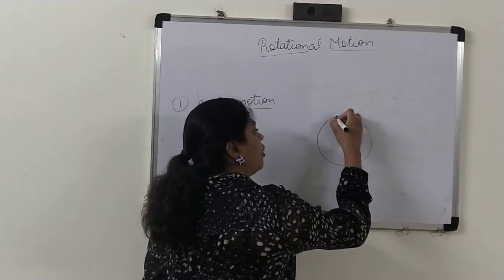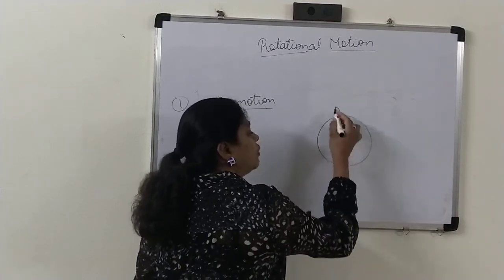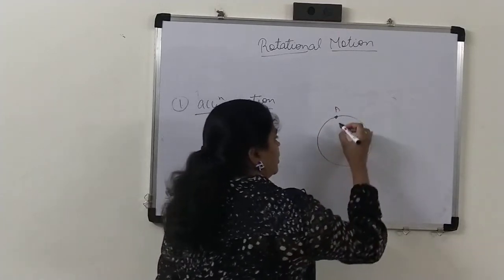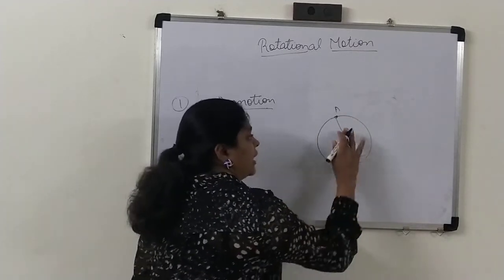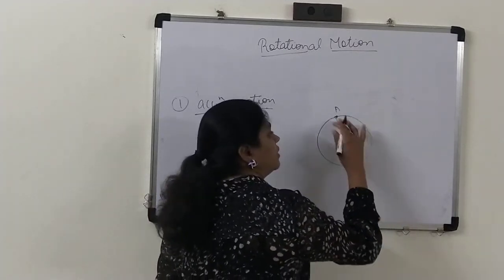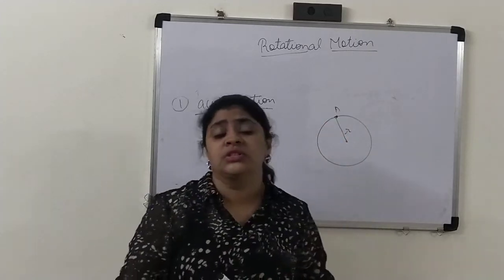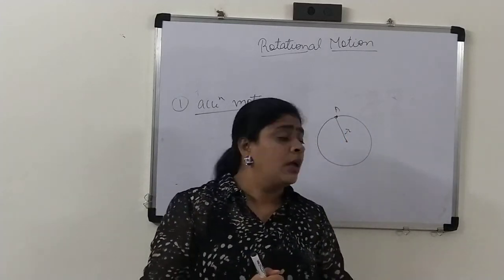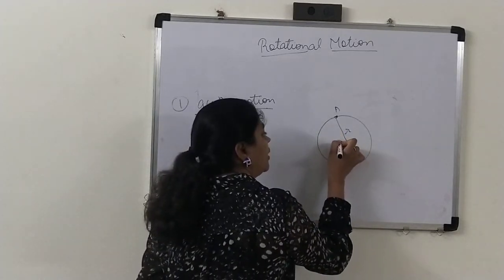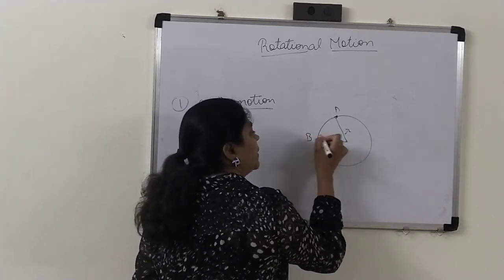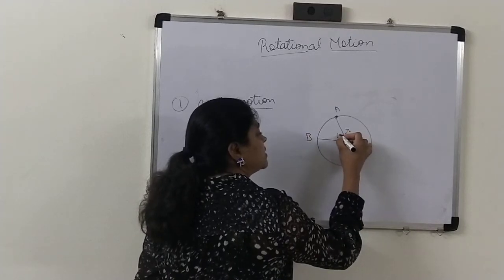This is your object which is performing circular motion. This is the radius r, that means from the center to the point where it is performing the circular motion. Now suppose it moves to point B. What is this?